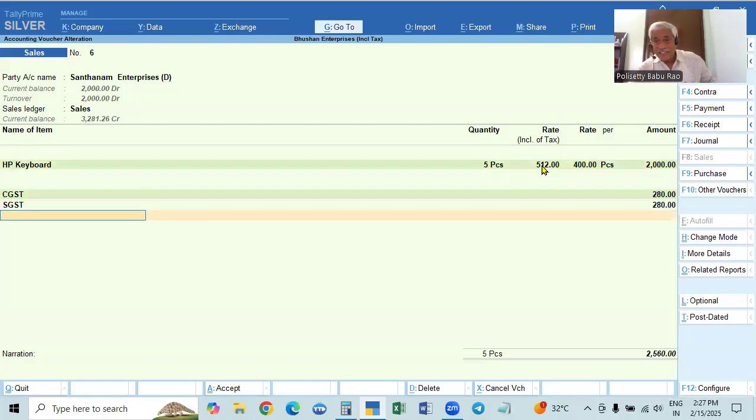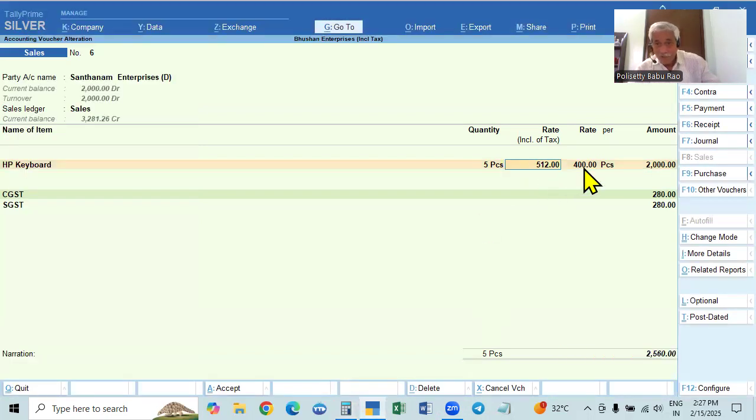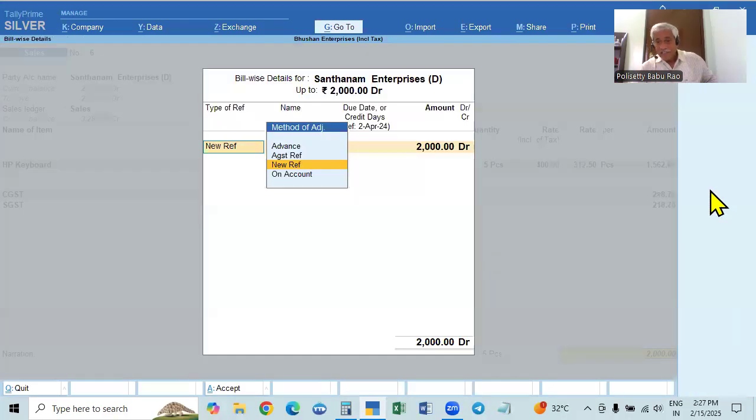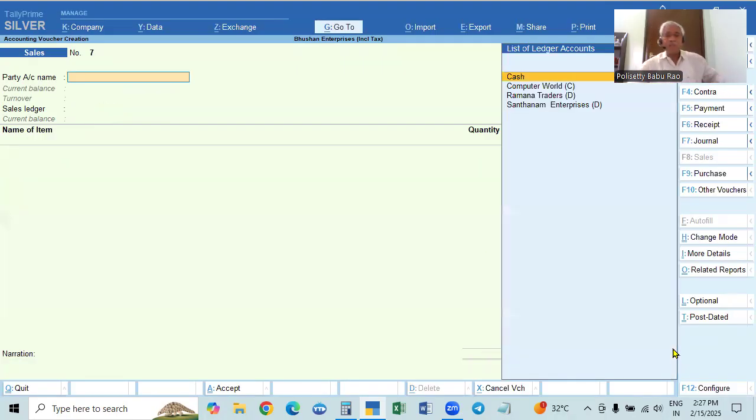So the 2000 becomes 2560. 2560 divided by 5 numbers, 512 rupees is the inclusive of tax. That is, if you give this, it is taken as taxable value. If it is including tax, we have to give 400 here. The taxable value will be calculated and the total amount will be equal to the rate inclusive of tax. This is how you will calculate the rate.